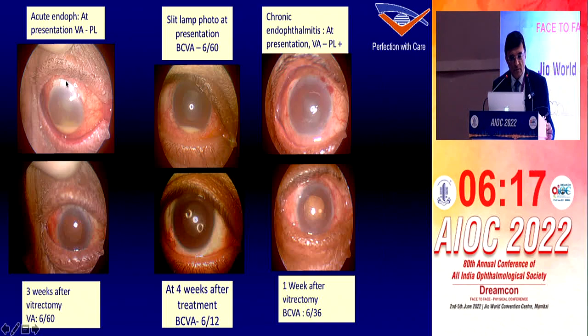These are some examples of patients with acute endophthalmitis which were treated, and visual acuity improved. The poorer the visual acuity we start with, the poorer the visual acuity we end up with, proportionately. The better the visual acuity we start with, the better the visual acuity we end with.